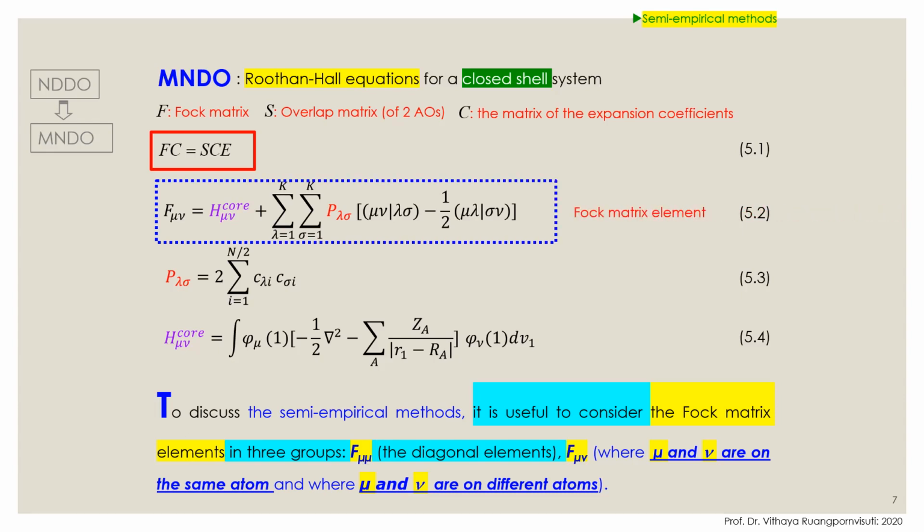The Fock matrix F mu nu can be obtained using equation 5.2, which is equal to the core Hamiltonian H core mu nu, which is equal to the integration as shown in equation 5.4, plus the summation lambda equal 1 to K, summation sigma 1 to K of P lambda sigma, which is the density matrix as shown in equation 5.3, multiplied with the function as shown in equation 5.2.